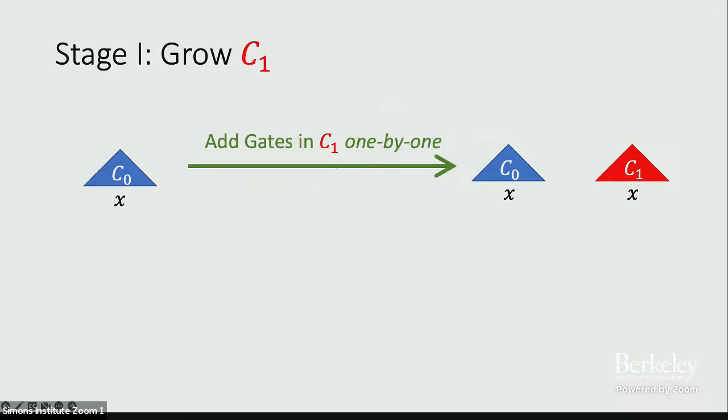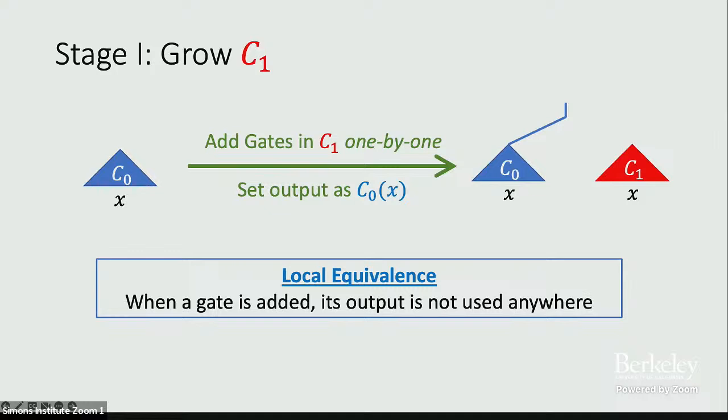So essentially, in this stage, we add gates of C1 one by one to this circuit, and the input to C1 is still set to be X. And at any time, the output of the entire circuit is still set to be the output of C0. Now you can argue the functionality equivalence for any two adjacent steps in this stage. At any step, I add a gate, but the output of that gate is never used anywhere. So it preserves the functionality equivalence.